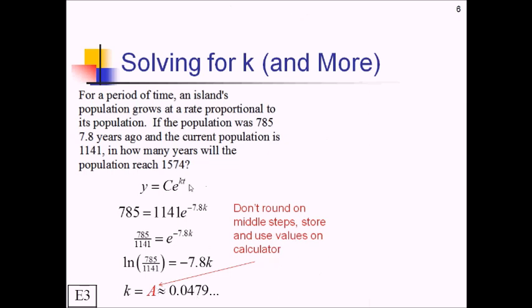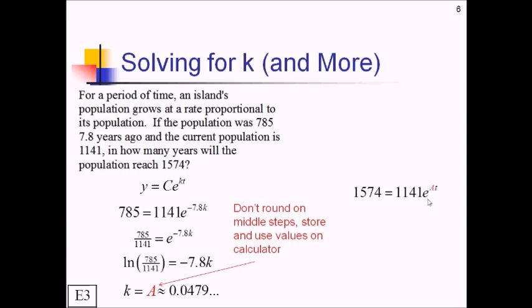Now I just need to find the t value. So if you didn't get this far, pause the video and see if you can finish this one off. All right, so going back to our original formula, we now have a target value of 1574. That's ultimately what we wanted the population to grow to. Still have that initial c value of 1141, and now we have e to the at because now we actually figured out what k is.